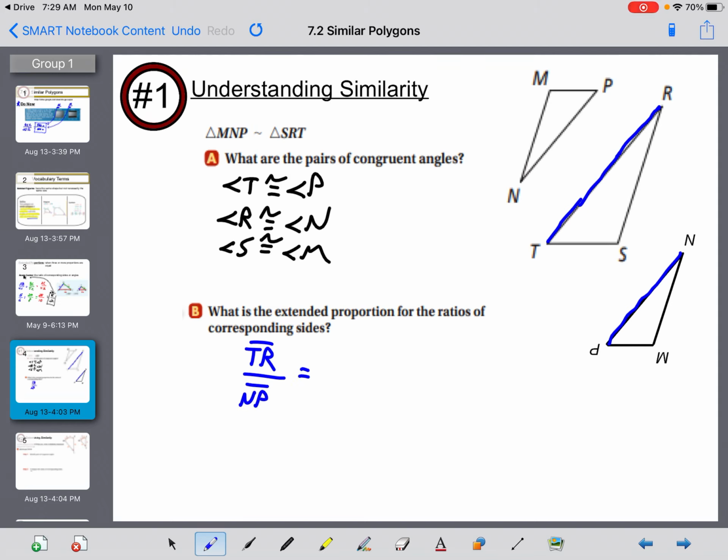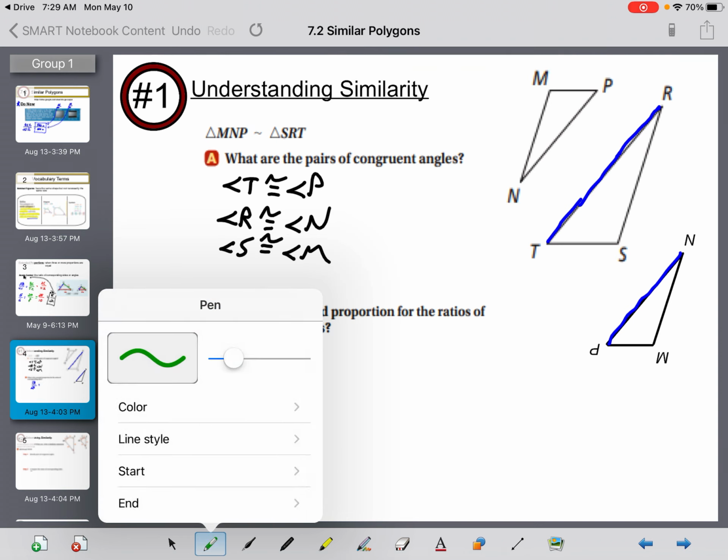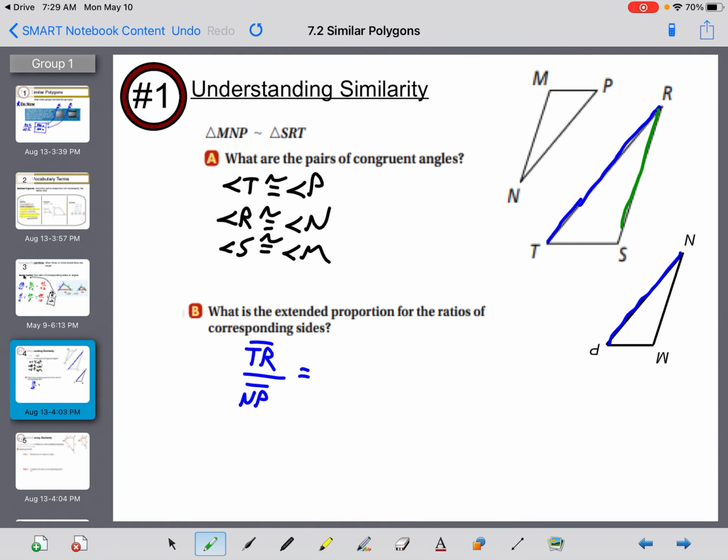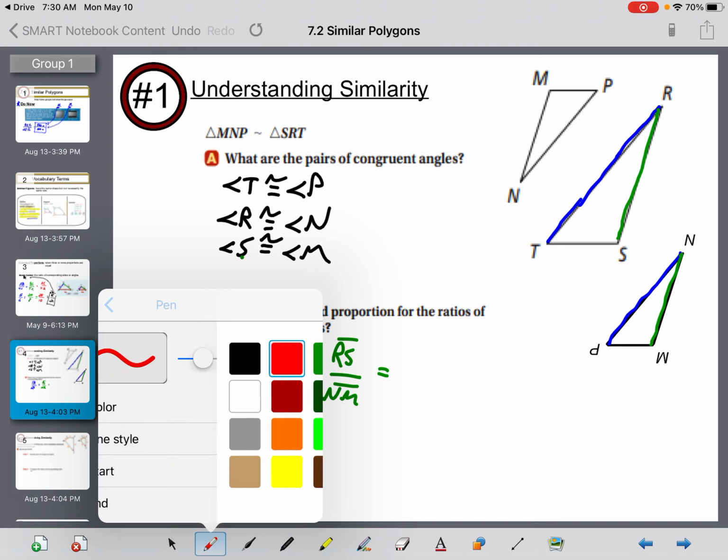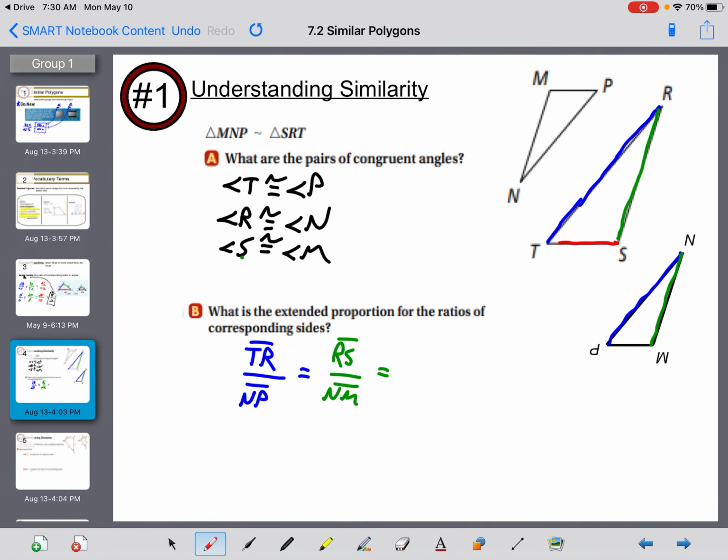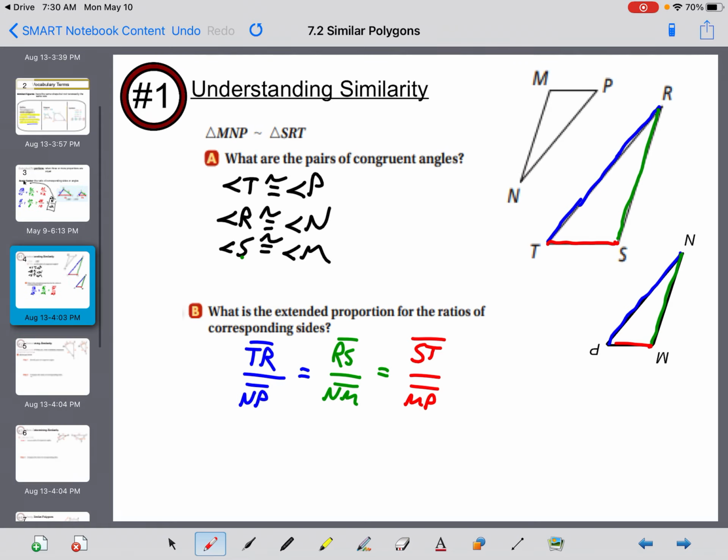So TR over NP is equal to, and then I'll change up my color, RS to NM, and lastly ST and MP. All right, and that's how you write an extended proportion.